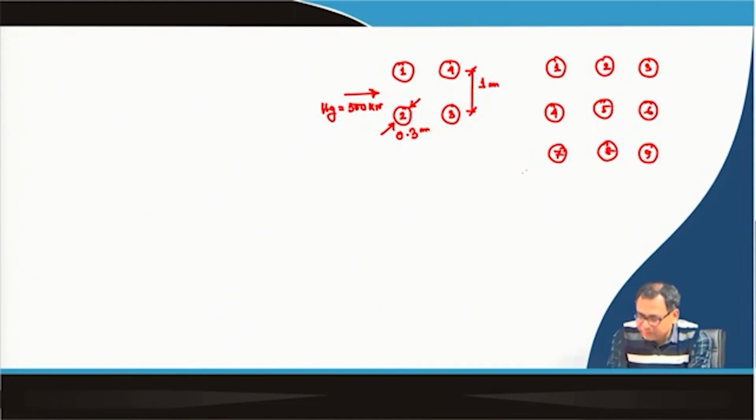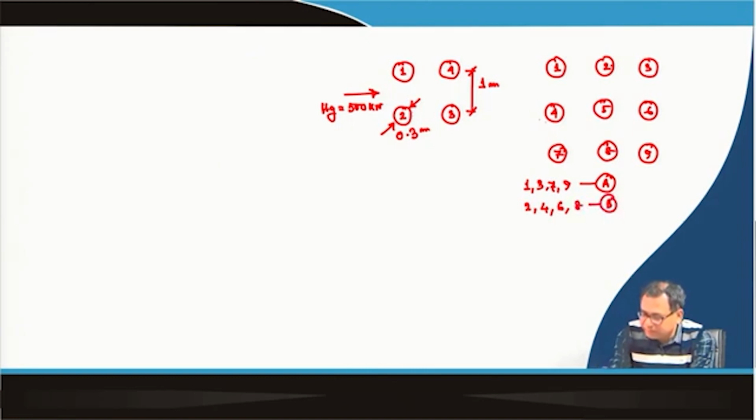So, 1, 3, 7, 9 are in one group, say A group, because these are similar type of piles. Similarly, 2, 4, 6, 8 will be in another group.